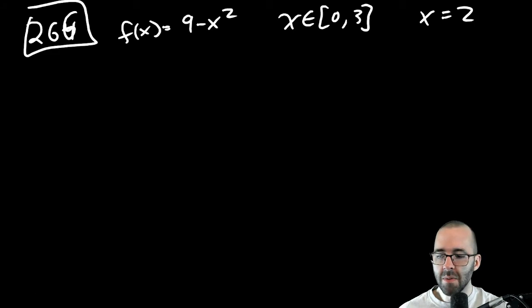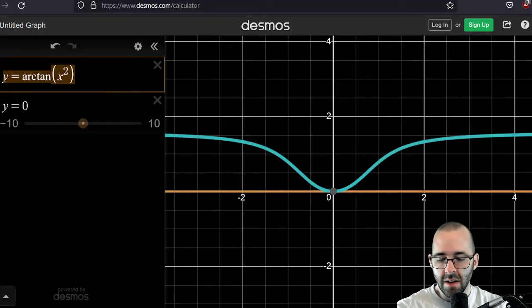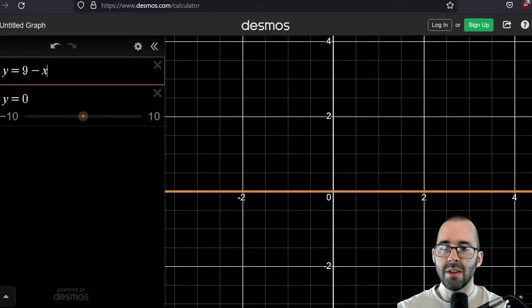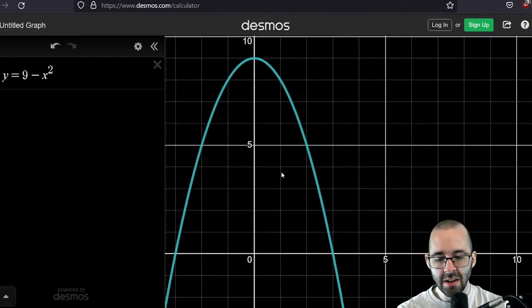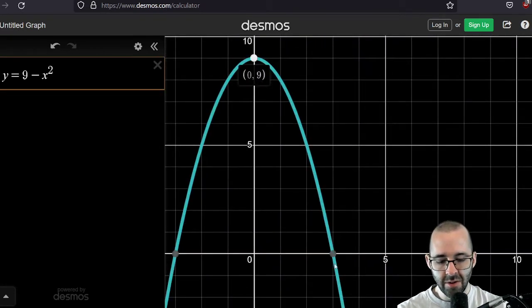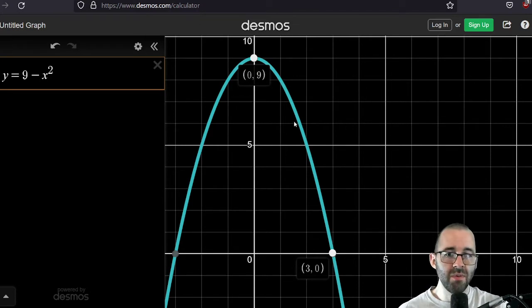Why does it matter that it told us that x is between 0 and 3? 9 minus x squared is the function that we're looking at. Why does it tell us, and why does it matter that we're only looking from 0 to 3? Because we're talking about inverse functions.